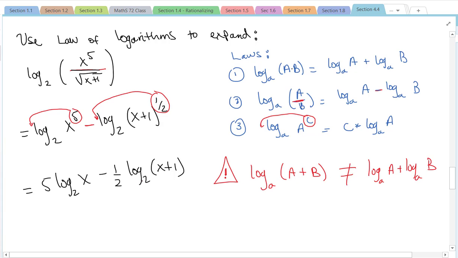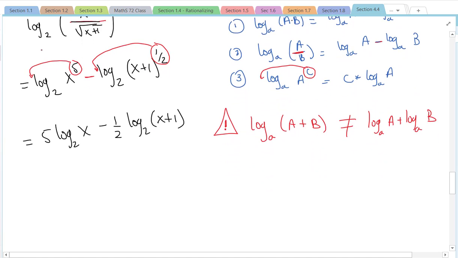So this does not distribute. There's nothing I can do to this x plus 1. I can't expand it. Notice that my addition rule is that if I have two logs being added, then I can combine them into a single log, but not if I have addition inside, in the argument inside the log. I can't expand that anymore. So this is as far as we can go.